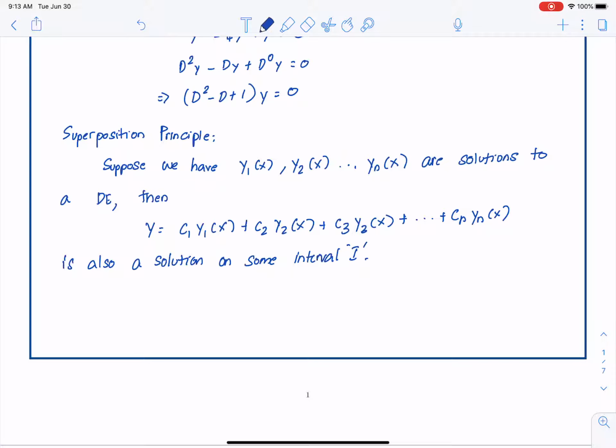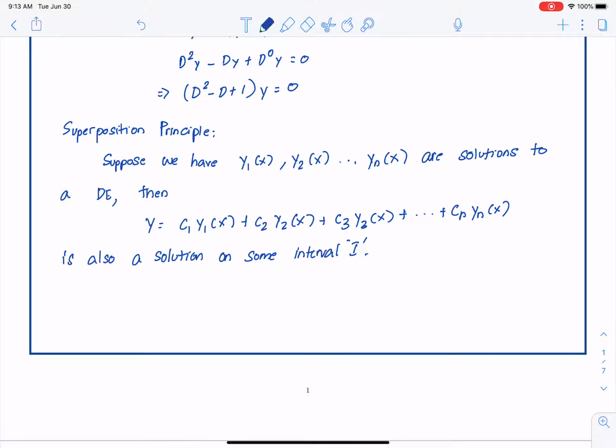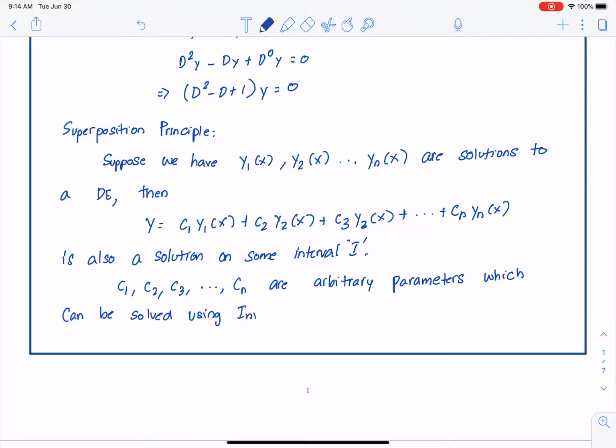I. We all know that a particular interval is what we call the existence interval. Here c1, c2, all the way up to cn are arbitrary parameters which can be solved using initial conditions.